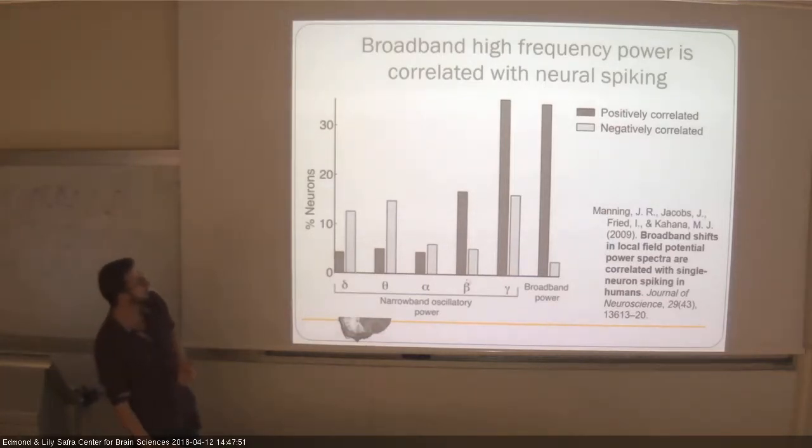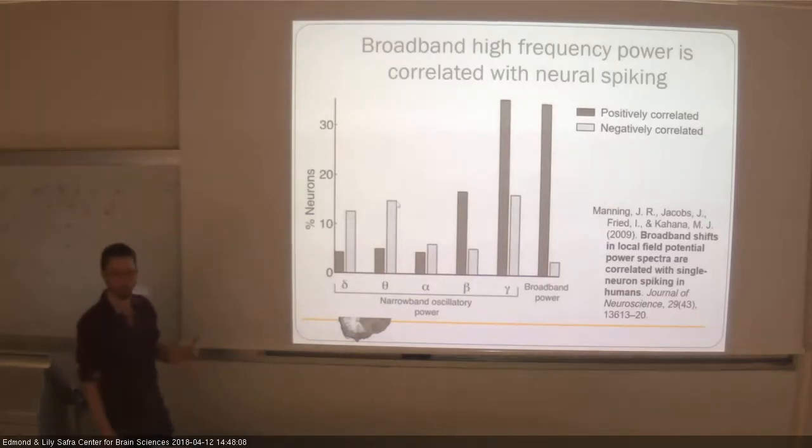For example, in these lower frequencies, there's a low proportion of neurons having a positive correlation, and even more of them are negatively correlated with the power in this frequency band, and the best correlation is found with the broadband power.